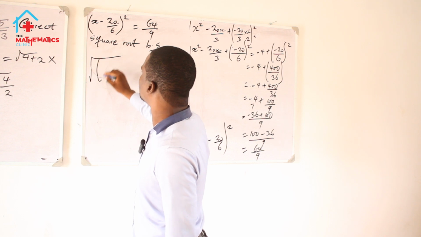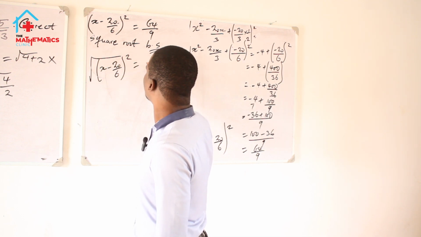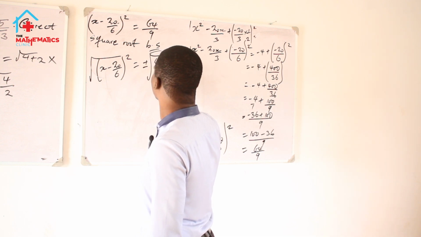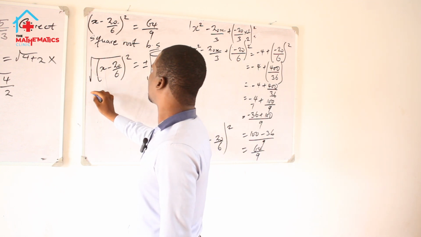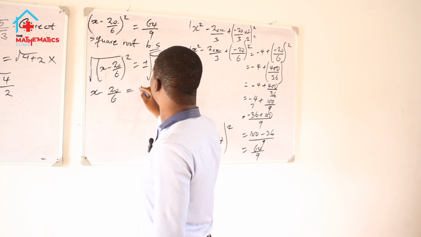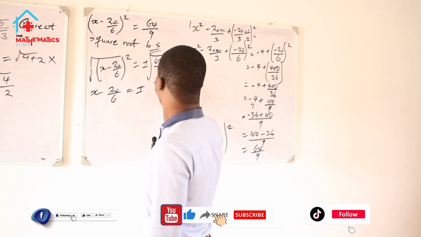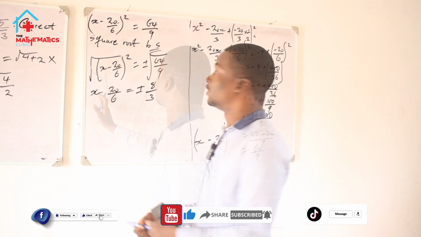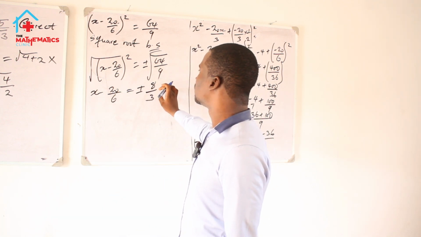You have the square root of x minus 20 over 6 all squared equals, then introduce plus or minus, the square root of 64 over 9. Now this square will take off the square root. So we have x minus 20 over 6 equals plus or minus, and both of them are perfect squares, right? The square root of 64 is 8, the square root of 9 is 3. So x minus 20 over 6 equals plus or minus 8 over 3.